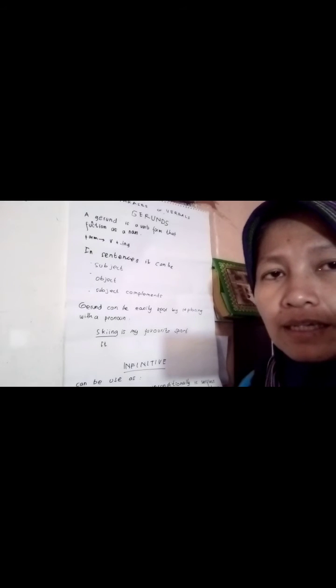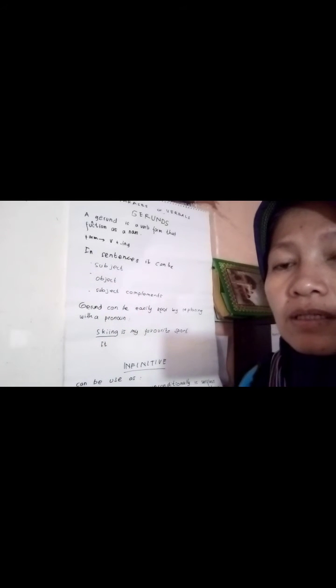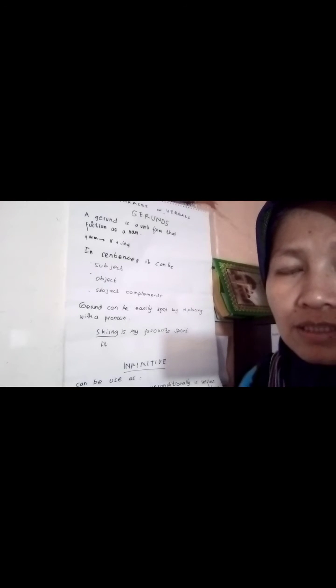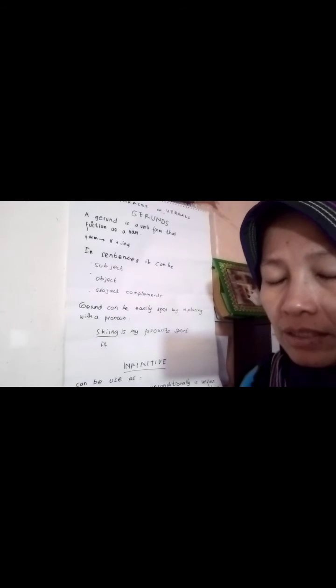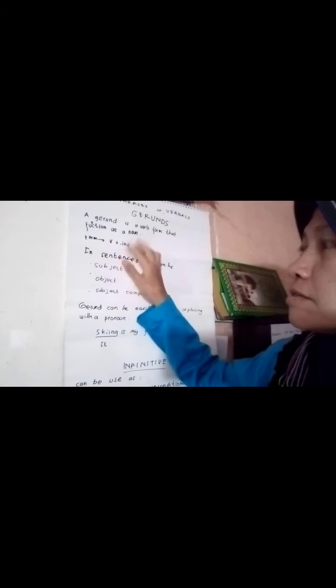The next phrase is the verb phrase as gerund. We can spot a gerund easily by the form verb plus ing, not to be confused with continuous tense, because continuous tense is always followed by the word to be. This gerund is different.